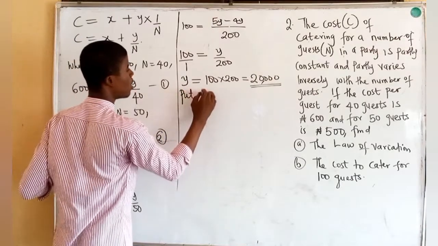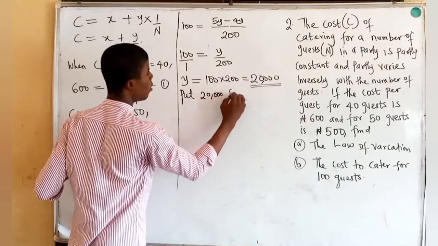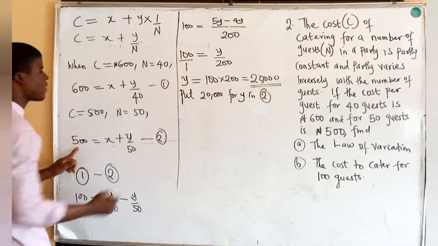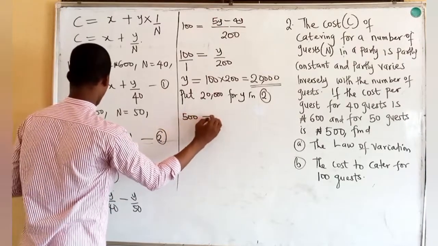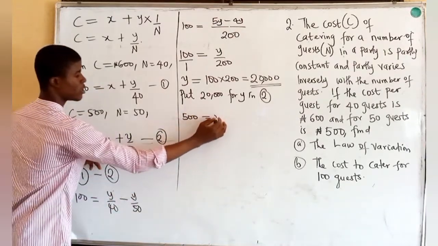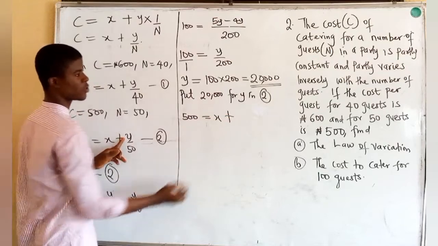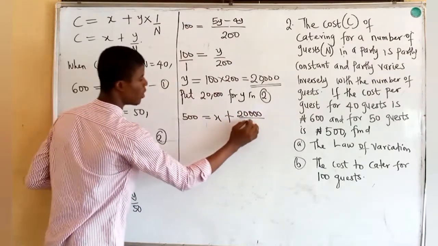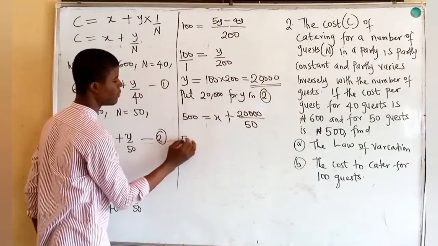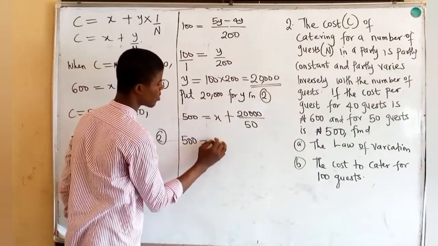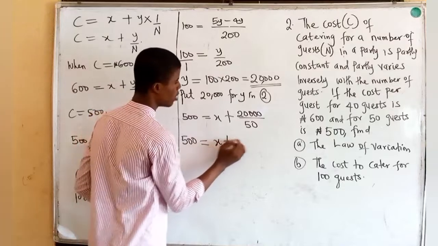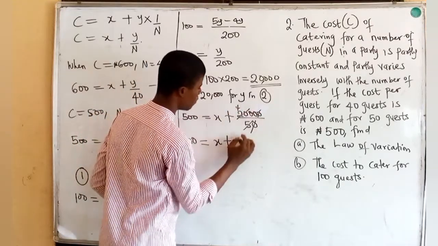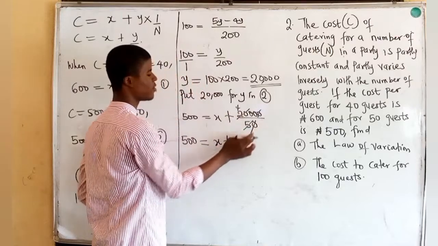Put 20,000 for y in equation 2, and that will give us 500 is equal to x plus 20,000 over 50. 20,000 divided by 50 is 400.